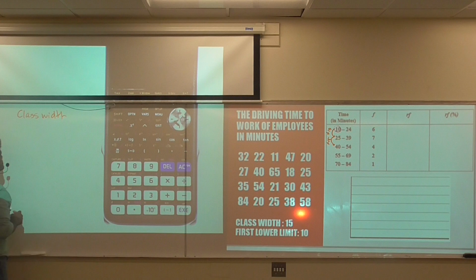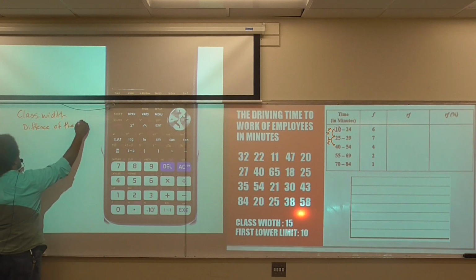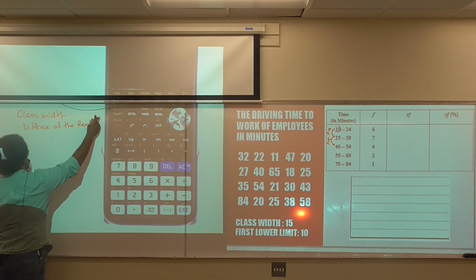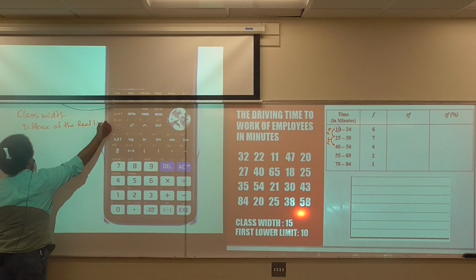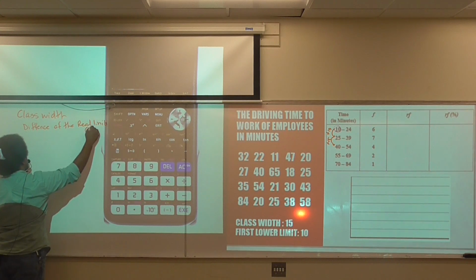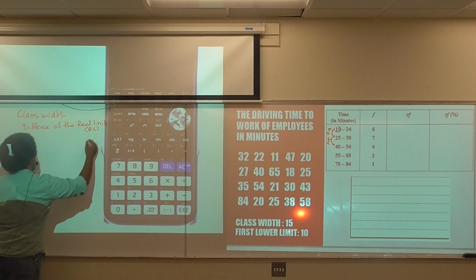Class width. We're going to get the difference of the real limits, I usually write RL for short.